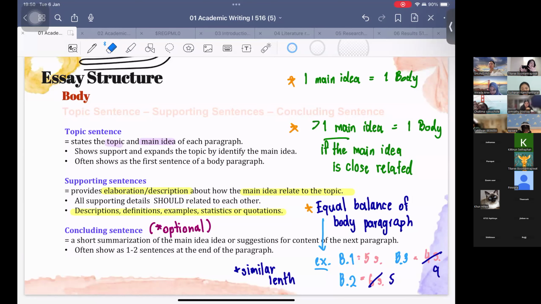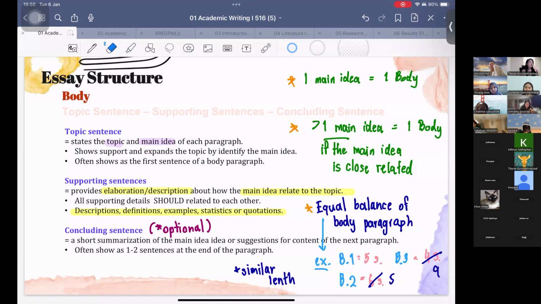So having many paragraphs, you can better divide your details. And for the audience, it gives them a break, because a long paragraph is a lot of things to absorb. So it would be better to divide things into many paragraphs.